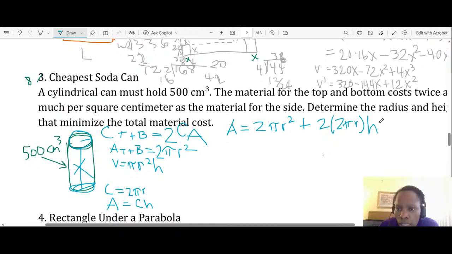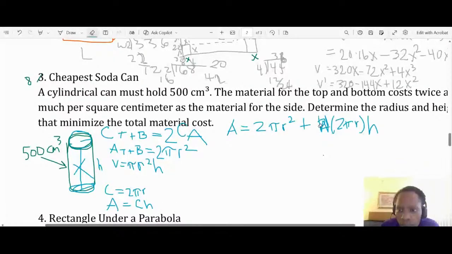H. Not 2 times 2 pi r, but 2 pi r times h, because we don't know what h is. Okay. Let me just erase that.